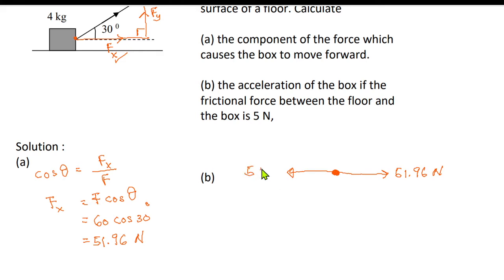I know that the box is moving to the right, so I write this as my F.